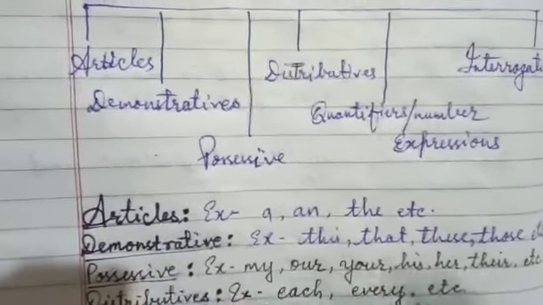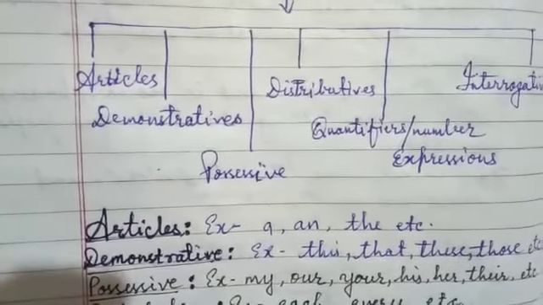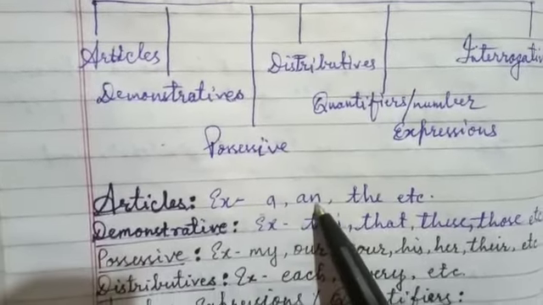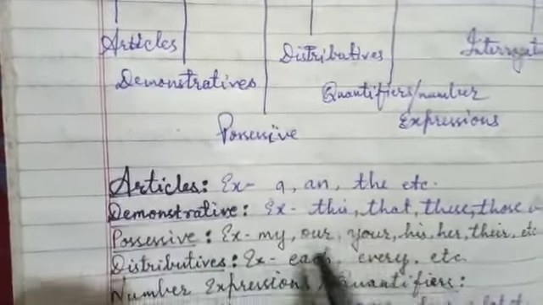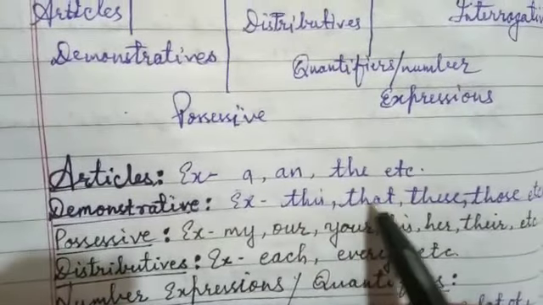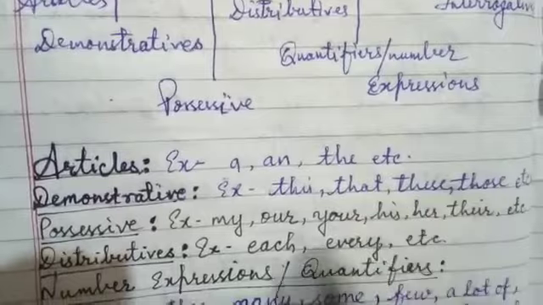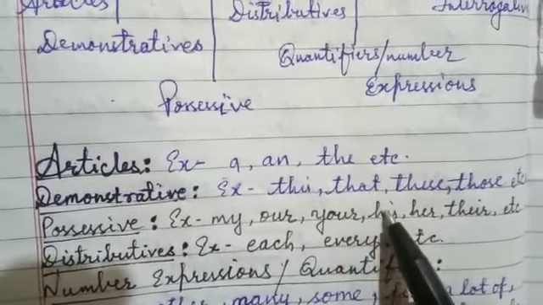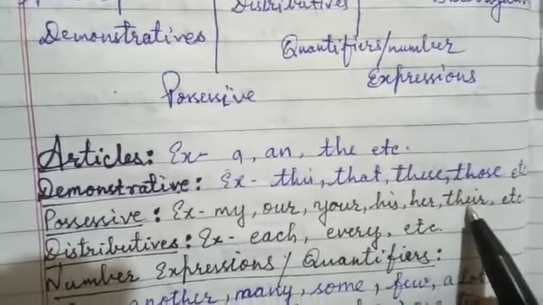First, articles: a, an, the, etc. Then demonstratives: this, that, these, those. Possessives: my, our, your, his, her, their, etc.